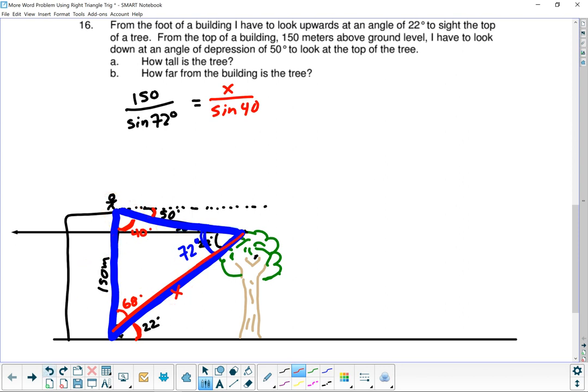Working that out, you multiply both sides by sine of 40, so x equals 150 times sine of 40 divided by sine of 72 degrees.